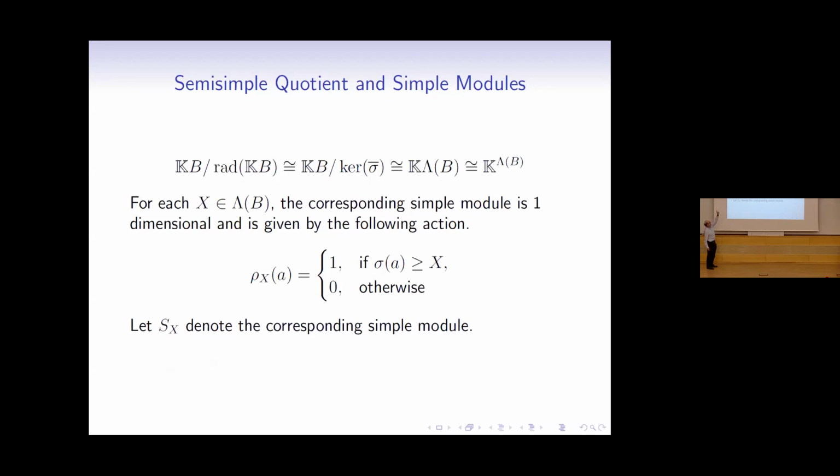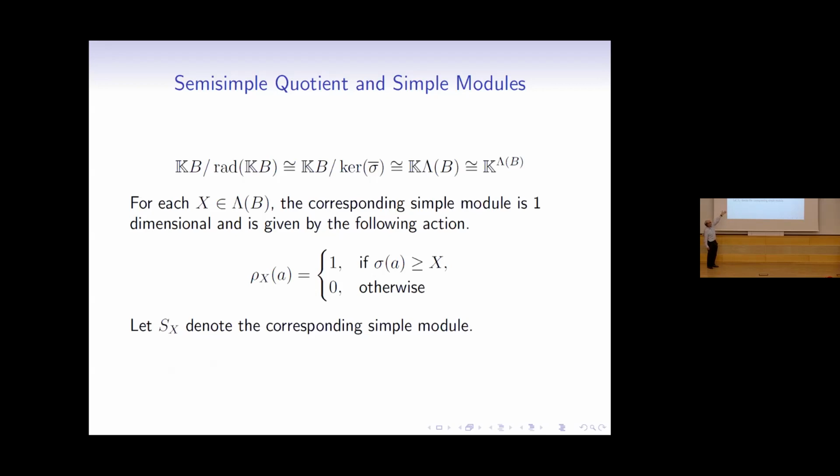The algebra modulo its radical, that is the algebra modulo this kernel we talked about, is by the first isomorphism theorem the algebra of this lattice of principal left ideals. And by the theorem of Solomon, that splits into a direct sum of copies of K, indexed by lambda B, since it's commutative and semisimple.